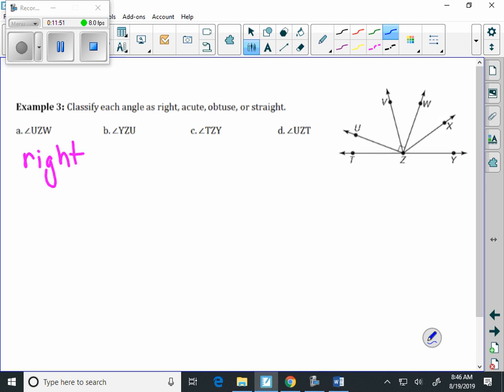If we look at Y, Z, U, we're measuring from here to there, and that looks like it's going to be an obtuse angle.